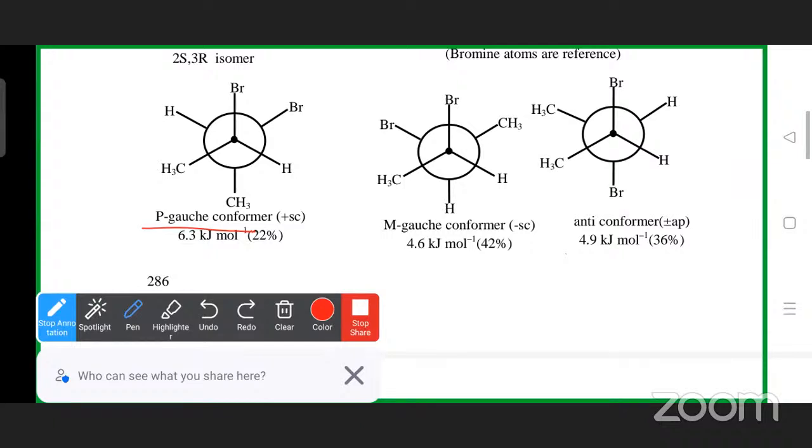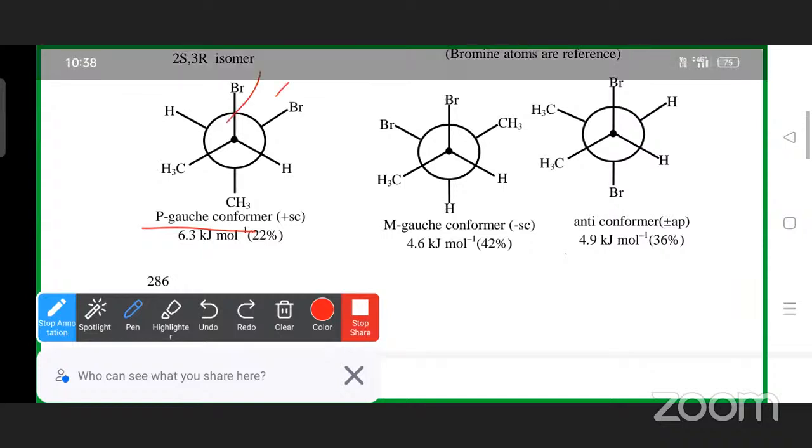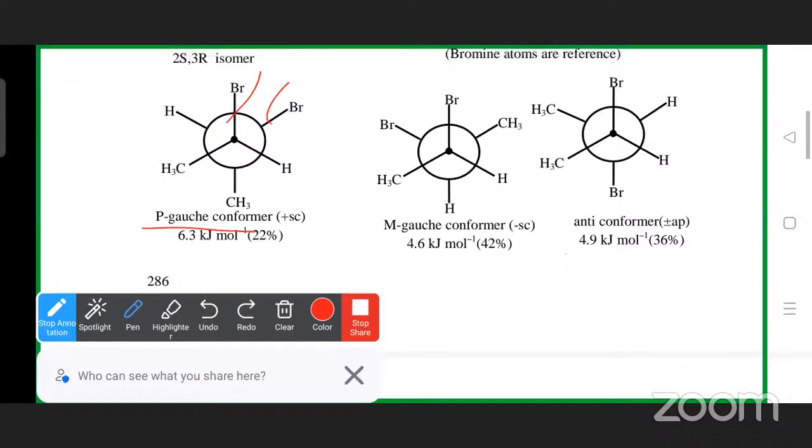Now you see, in the P gauche conformer, you see bromine gauche interactions here, and steric repulsions are there. And here also methyl gauche interactions and steric repulsions are there. So it is less stable.